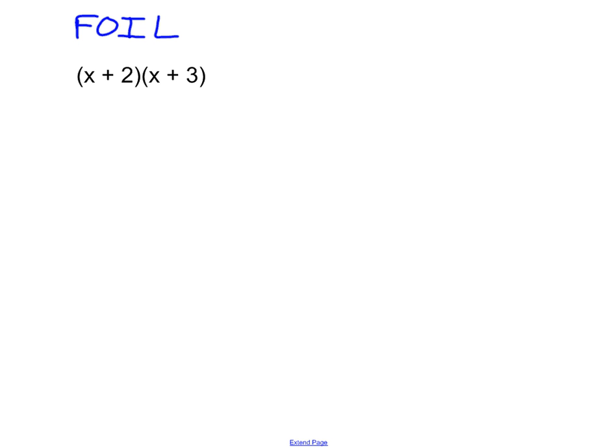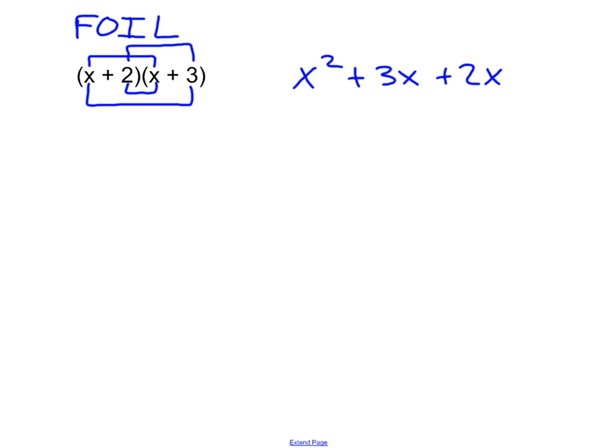We're multiplying two binomials, and FOIL says to do first, which gives me x squared, then outside, which gives me plus 3x, then inside gives me plus 2x, and then last is 2 times 3, which gives me plus 6. Then we combine our two middle terms, and we get x squared plus 5x plus 6.